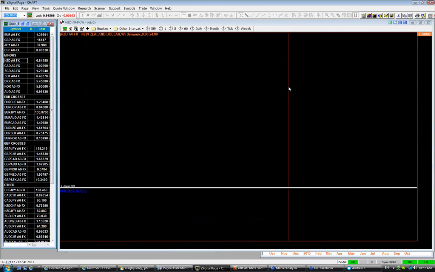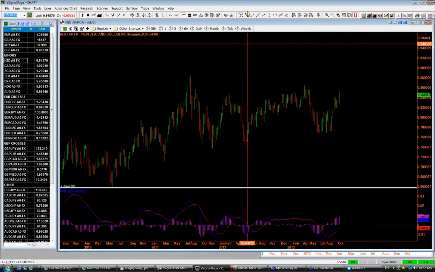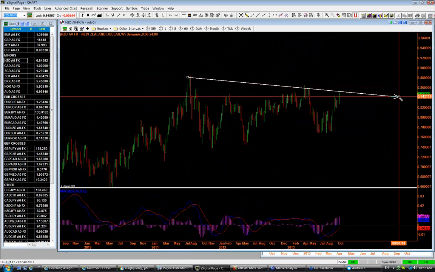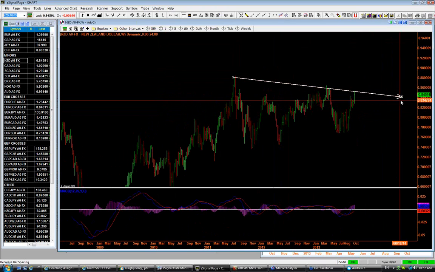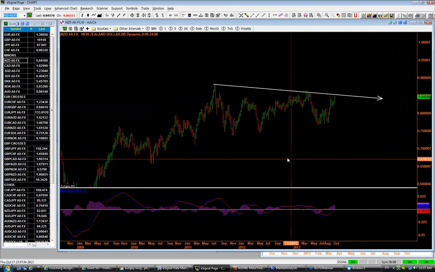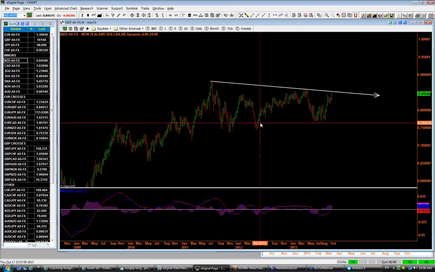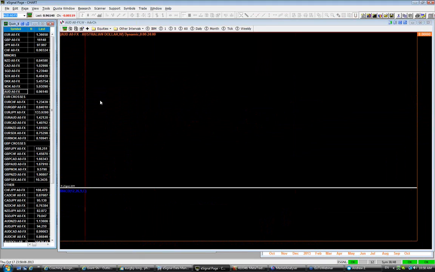Okay, passing. Go to the Kiwi. Kiwi, yes. Just draw the trend line. That's the weekly. That's the support here. Maybe go to the Aussie.